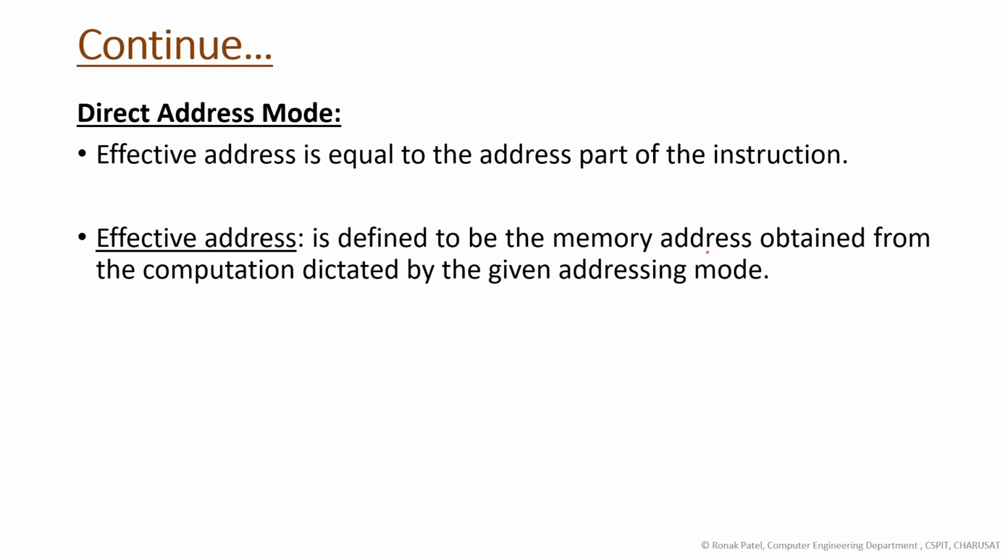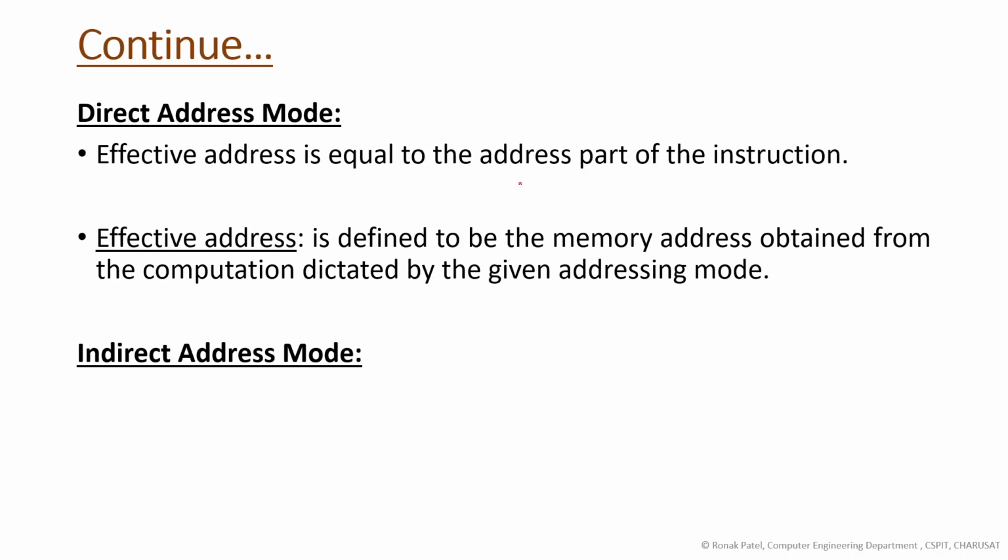It's a memory address which you obtain from the given addressing mode after calculating your address. Just remember that your effective address is a memory address after the calculation, right? In direct, effective address is equal to the address part.